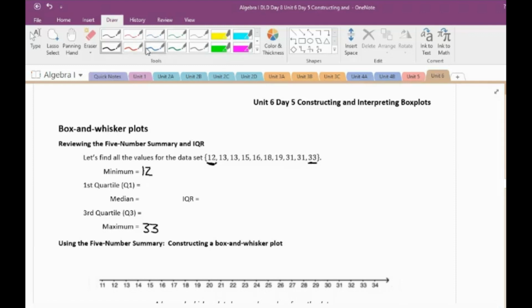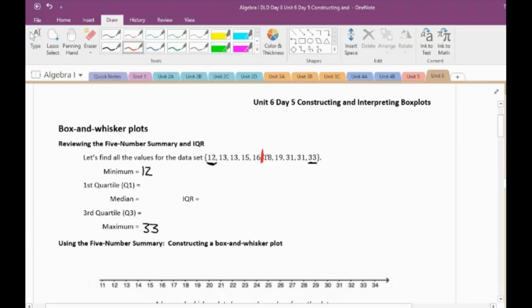Then we have to find the median. So there's 1, 2, 3, 4, 5, 6, 7, 8, 9, 10 values, which means the median is between the fifth and the sixth value. 10 divided by 2 is 5. Since it came out evenly, there's 5 on either side. So 1, 2, 3, 4, 5. So our median is going to be right between 16 and 18.